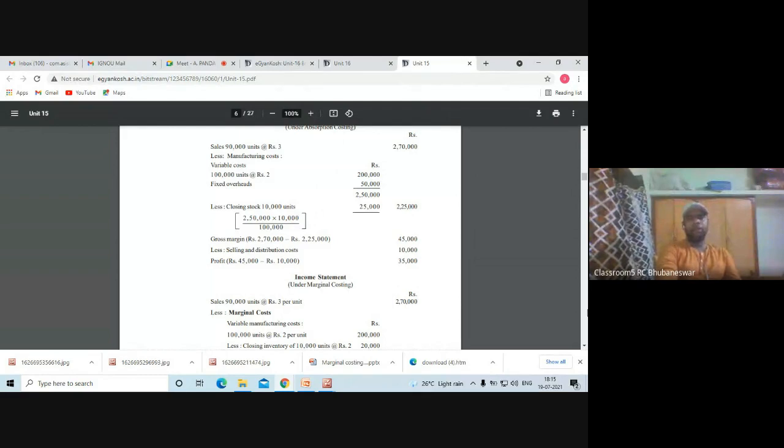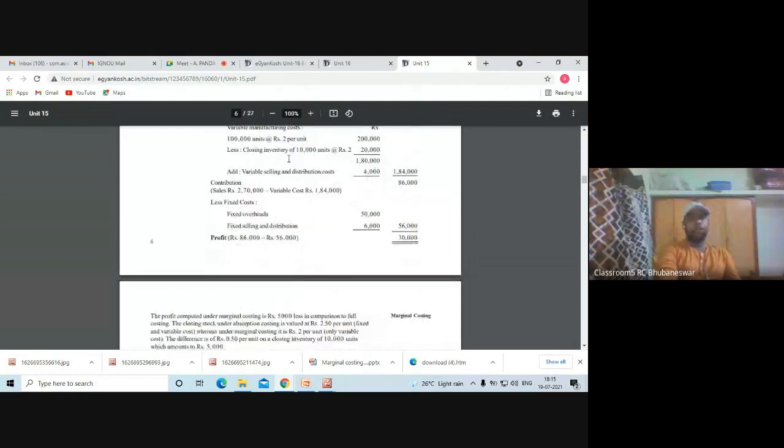But here in marginal costing, only the variable cost part is taken into account. So the closing stock is valued earlier at 25,000, now under marginal costing it is 20,000. So 5,000 difference is seen here. So here profit is 30,000, but earlier the profit was 35,000. Hope you all got it.